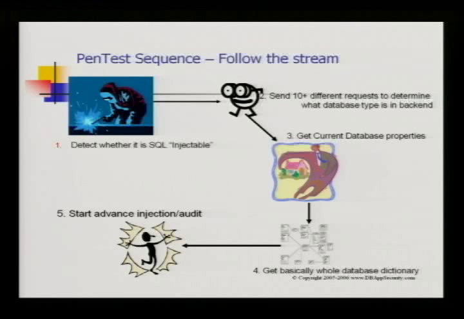Then it will get the current database properties, such as what web user has connected to the database, what the instance name is, and the versions. And then you can get pretty much the whole database dictionary.